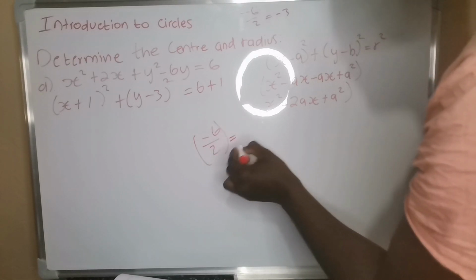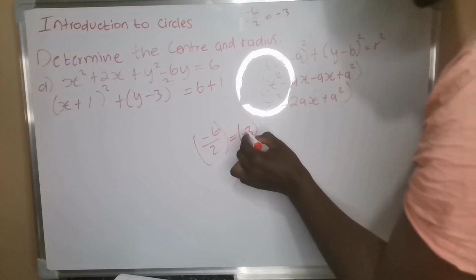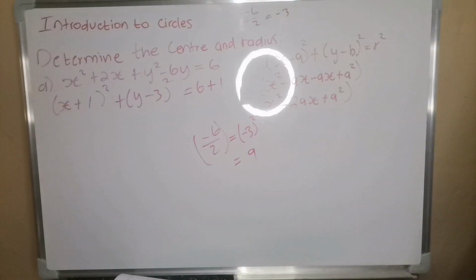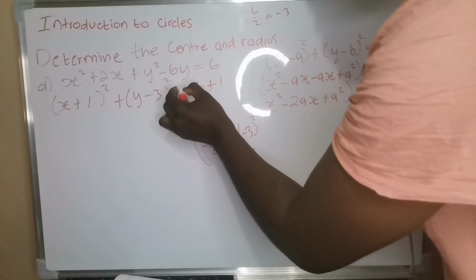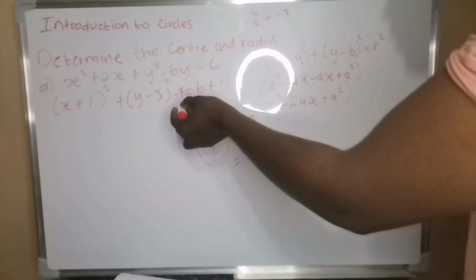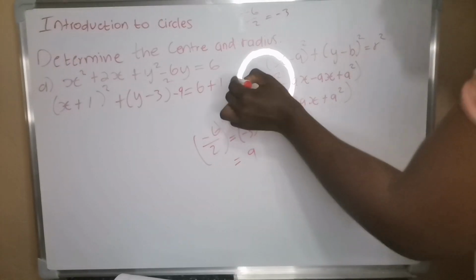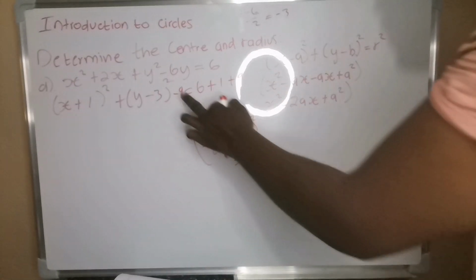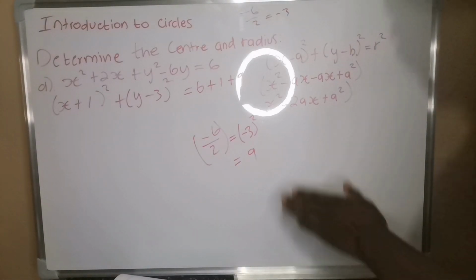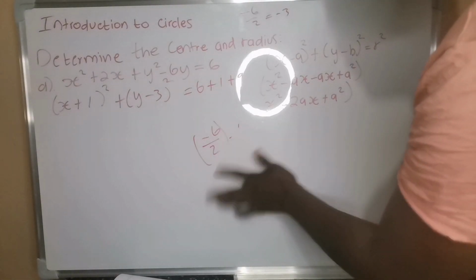Negative 3. Then you square the very same negative 3 squared, which is 9. Then we're going to have negative 9 on our left. What you do on the left must also be done on the right. If I transpose this negative 9 to the right, I'm going to have plus 9 here. This is how you complete the square. I hope you can see what's happening here.